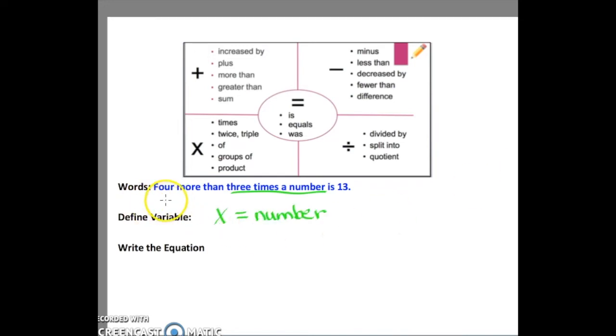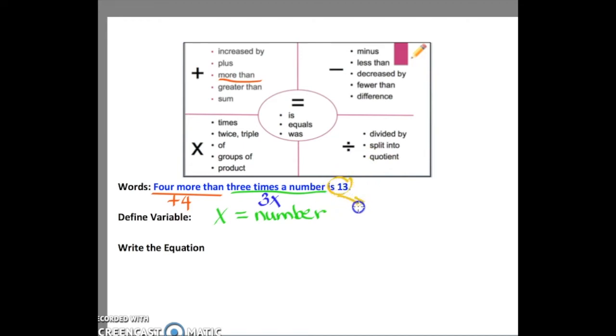Now we have to figure out, it says 4 more than. So here's my 4 more than, and remember, here's the key word. So that's plus 4. And 3 times a number. So we don't know what that number is, so we know that variable is going to be x. So 3x is 13.